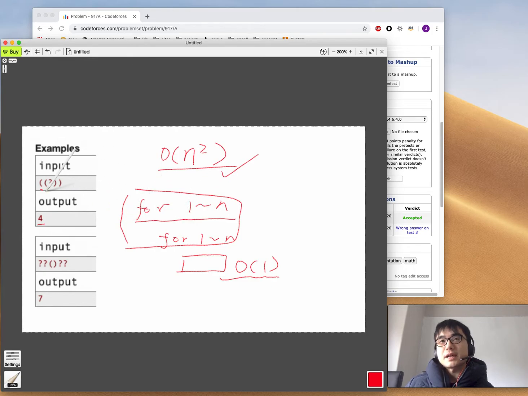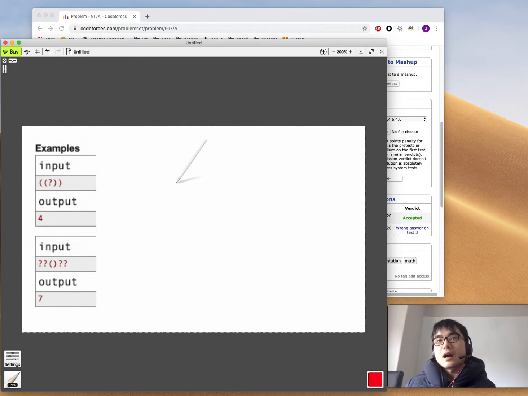So how do we check if the current substring is valid or not? Let's take a step back. If we have a string constructed by left and right parentheses, how do we check if the string is valid?